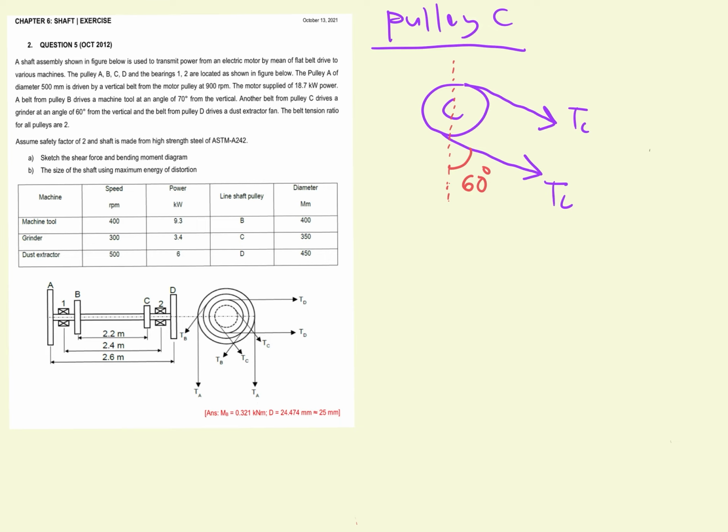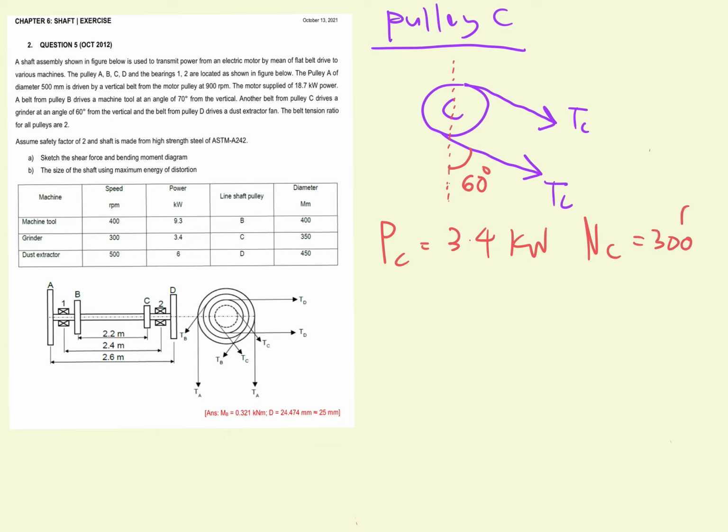First, we will find the total torque acting at pulley C. We know that the power for pulley C from this table is 3.4 kilowatt, and the speed of pulley C is 300 revolutions per minute.